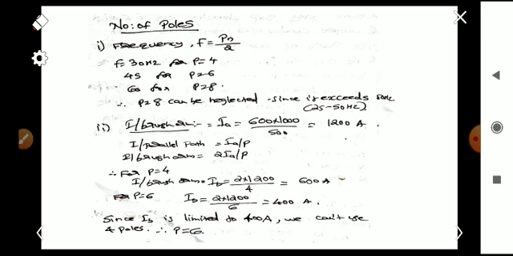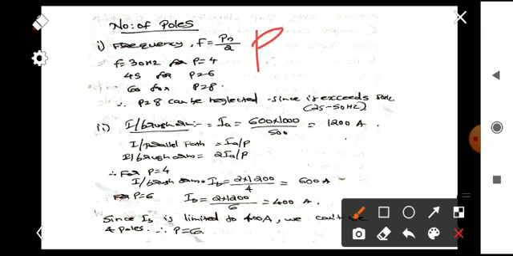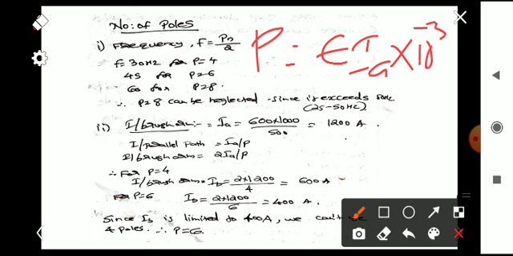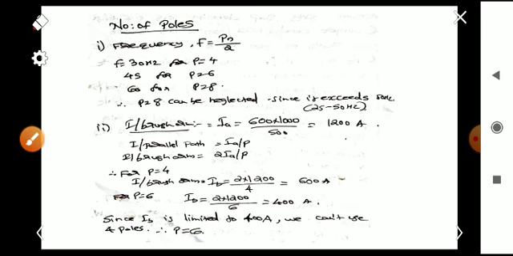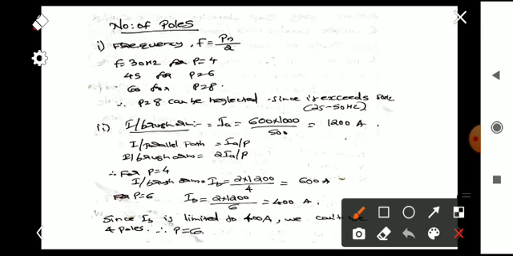We know the power equation is P is equal to E into I_a into 10 raised to minus 3. Here we must obtain the value of current in ampere. So I_a is equal to 600 into 1000, that is 600 into 10 raised to minus 3.